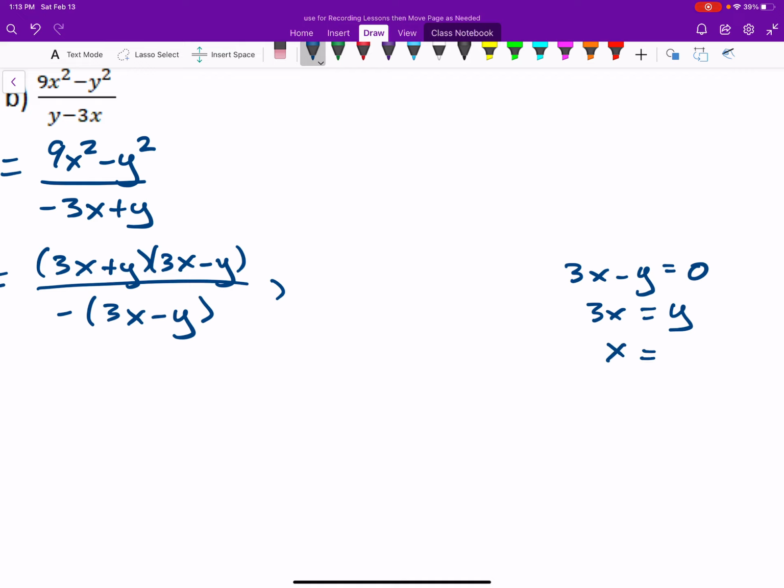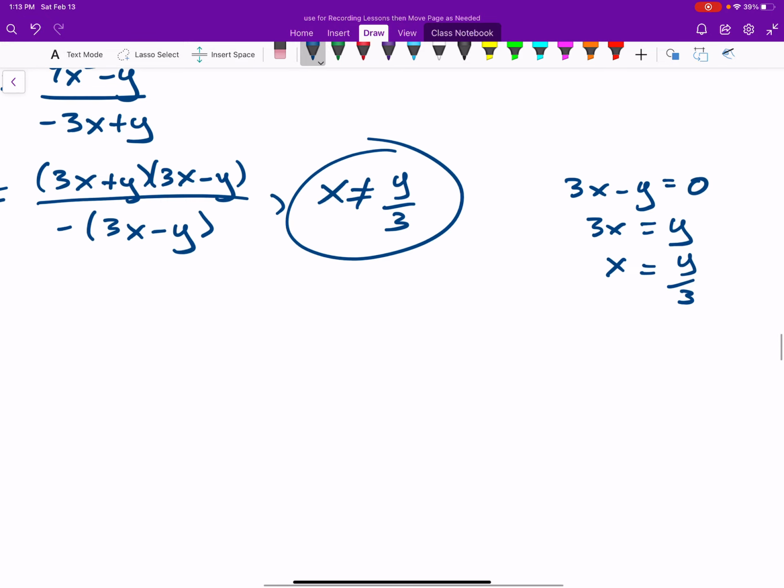If x equals y over 3, that's going to be a problem. So that would be my restriction here. x cannot equal y over 3. So if x was 9, then y could not equal 3. I have that backwards? No, if x is 3, then y could not equal 9.